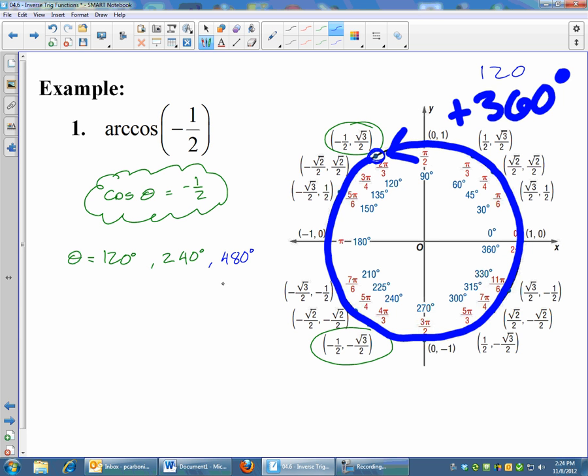And 480 degrees is another angle, even though it's a bizarre angle, way beyond our normal unit circle. That is another angle where the cosine of 480 would be negative 1/2.